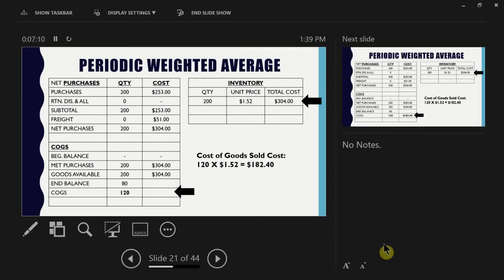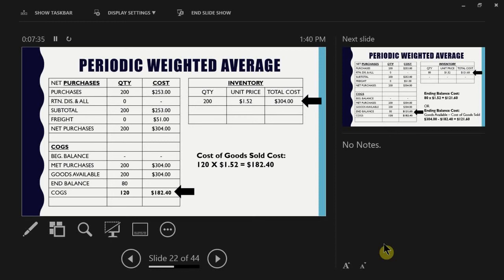Since we're getting a grand total, we're adding up all of our quantities together, and it's going to tell me that on average, if we were to cost it out, it's going to cost me $1.52 each. So simple as this. You take your whole entire amount, you multiply by the average cost per item, and boom, you get your cost of goods sold.